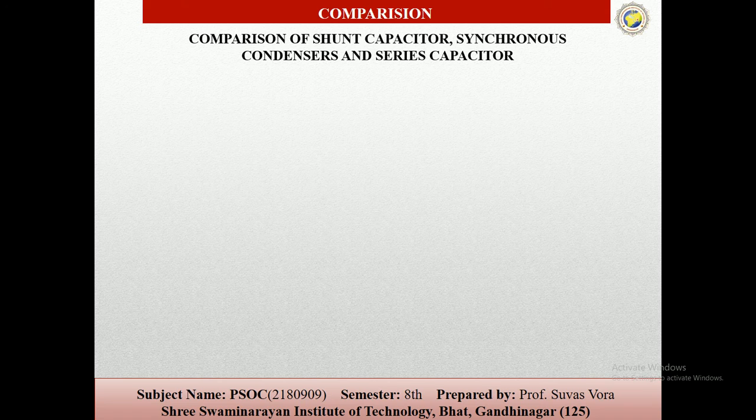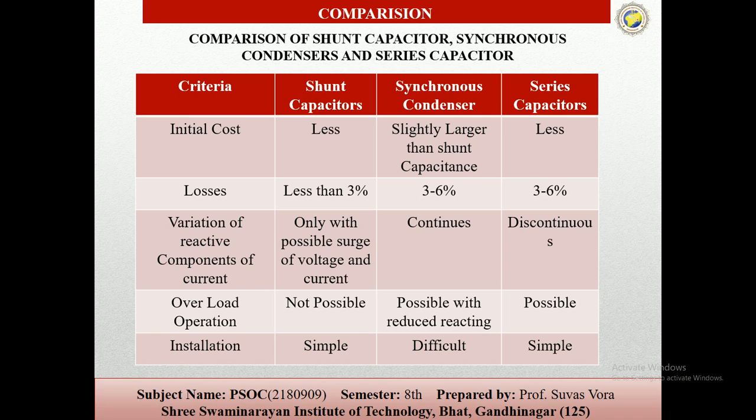Now, comparisons of the shunt capacitors, synchronous condensers and the series capacitors. So the first criterion is the initial cost. The shunt capacitors have less, the synchronous condenser is slightly larger than the shunt capacitors, and the series capacitor is less. Then on losses, the shunt capacitor has less than 3, and both the condenser and the capacitors are 3 to 6%.